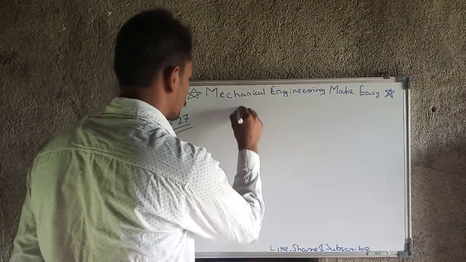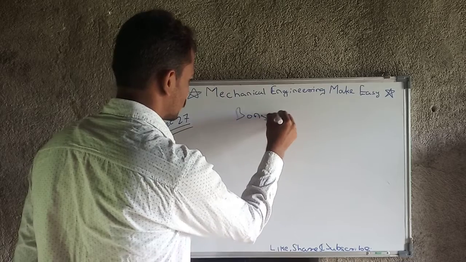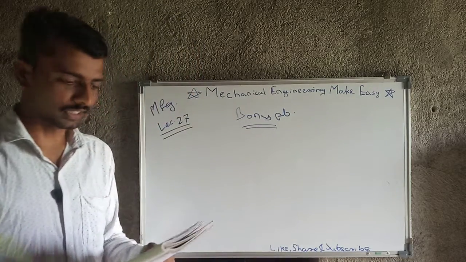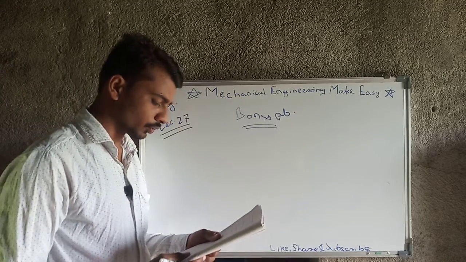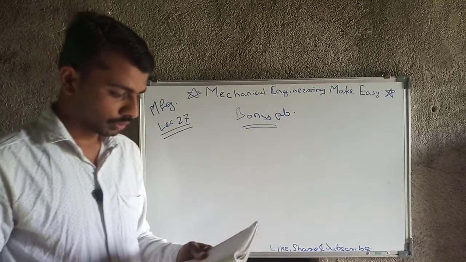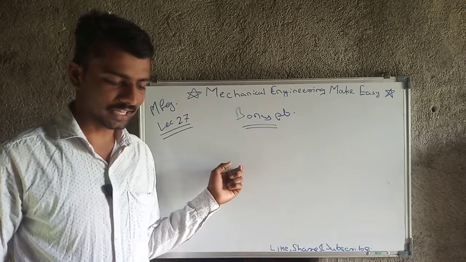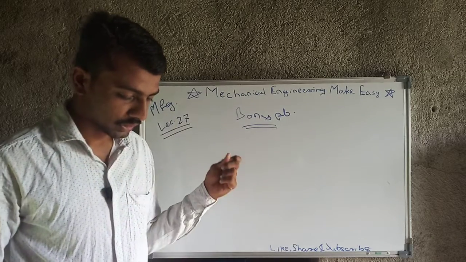And now we will move towards our end, that is the bonus point. What are the bonus points for today's lecture? Cutting fluids. There are a number of cutting fluids. For cast iron we don't use any fluid.